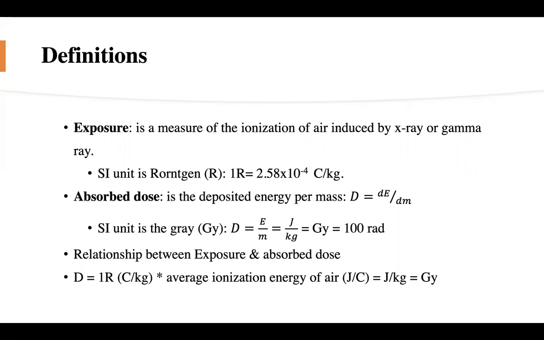If you just do this calculation, you can see the units are coulomb per kilogram times joule per coulomb. So the coulombs cancel, and it will be joule per kilogram, which is the dose.